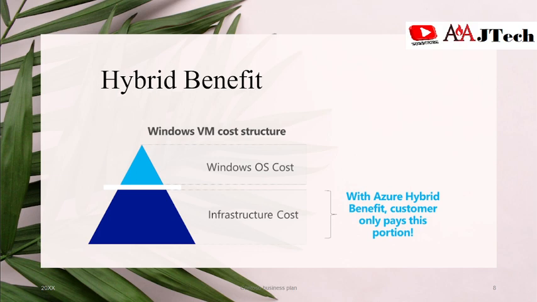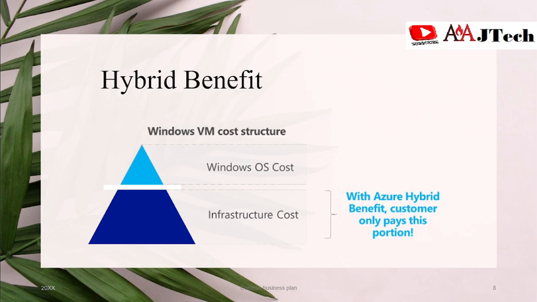Whatever you have purchased, while you are creating your infrastructure on the cloud, there's an option called hybrid benefit. At this level, when you check it on, it means you already have the license for your operating system and infrastructure.